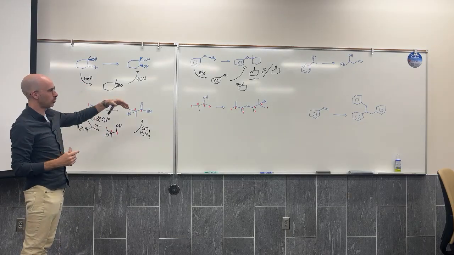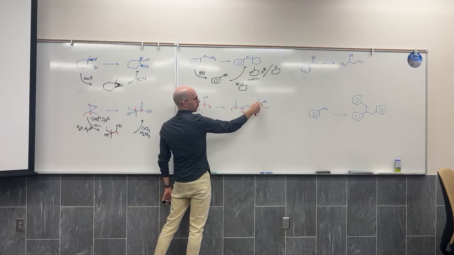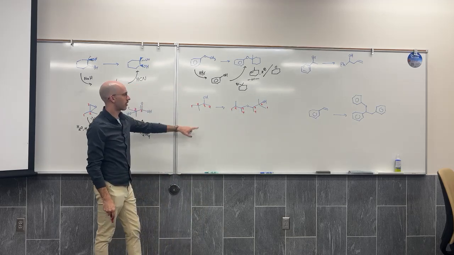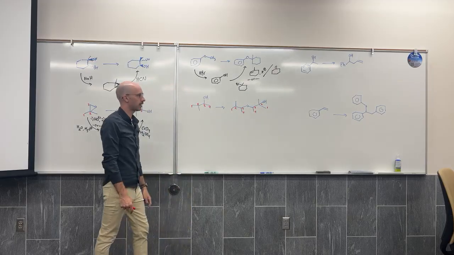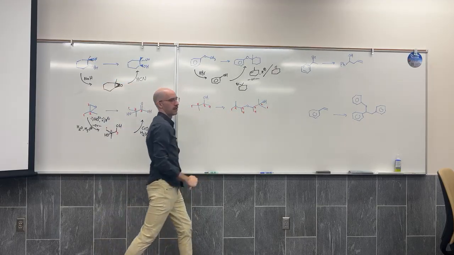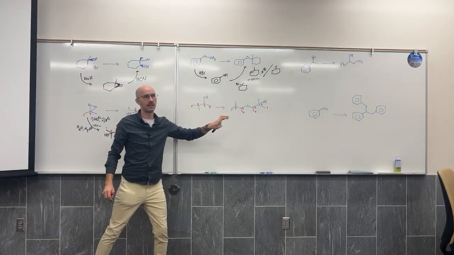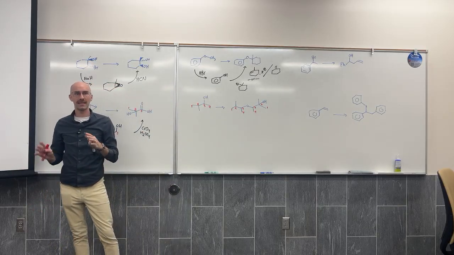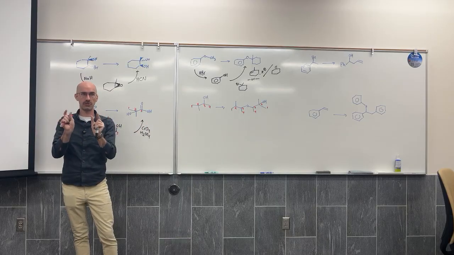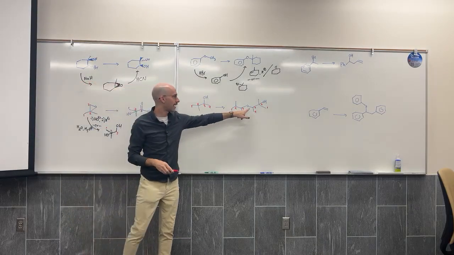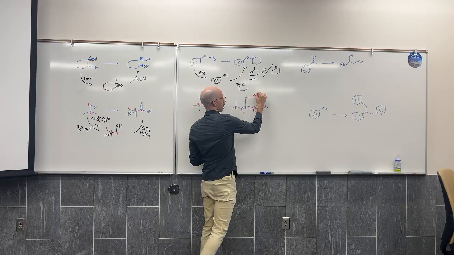Notice that carbon 2 has a methyl group, carbon 3 has the oxygen, but now carbon 2 does as well. How would you describe the functionality of this product? A vicinal etherol, or a vicinal ether hydrin. Next to each other, I have an alcohol and an ether, vicinal etherol.